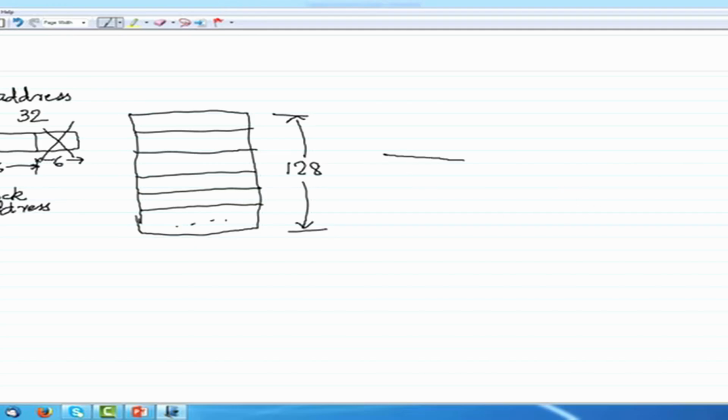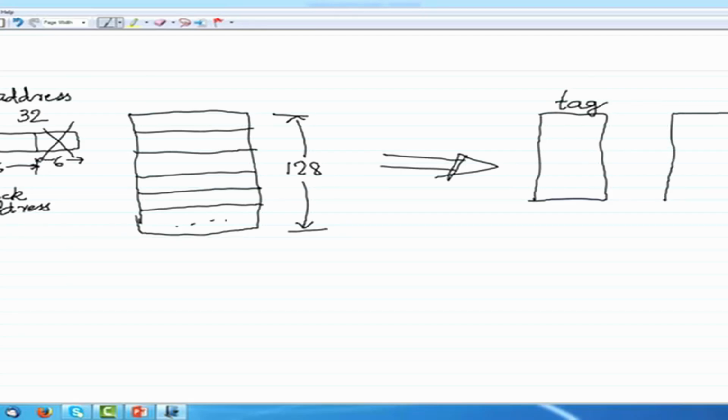So this cache can further be divided into two parts. One is a tag array, and the other is a data array. All right.